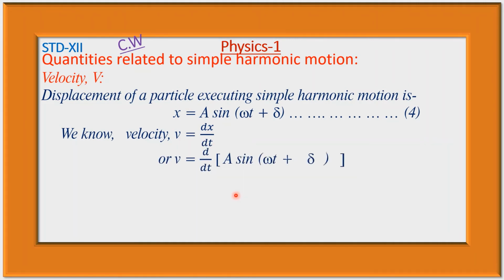So v = d/dt [a sin(ωt + δ)]. Differentiating sin gives cos, so v = ωa cos(ωt + δ).